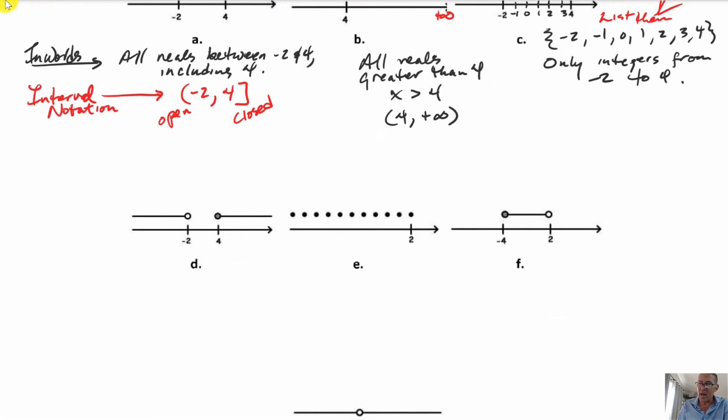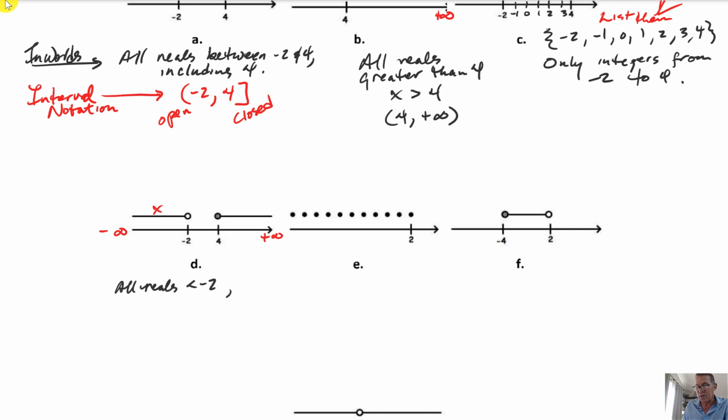Now the next few are a little bit different. In this graph here, x can be any number to the left of negative 2. So this is negative infinity here, and this is positive infinity here. So here, you can say all reals less than negative 2.